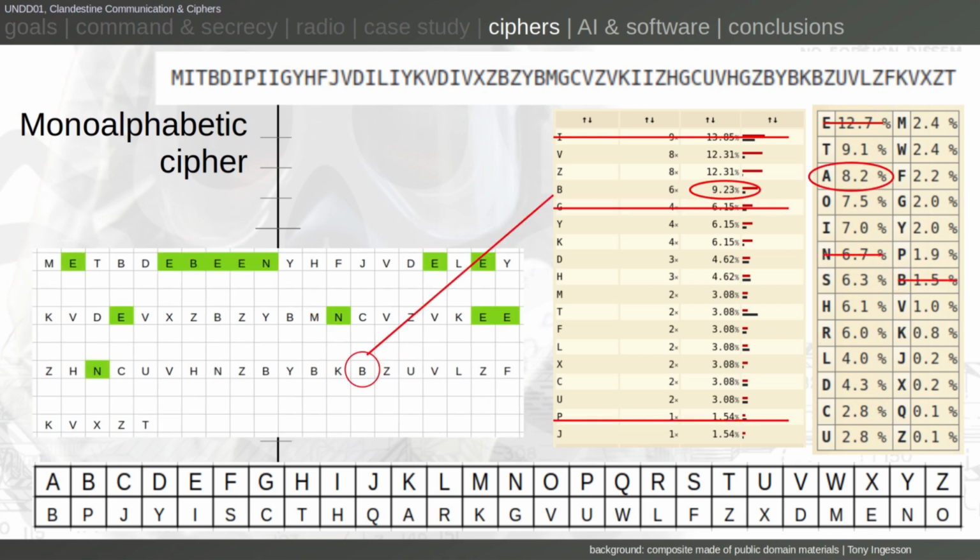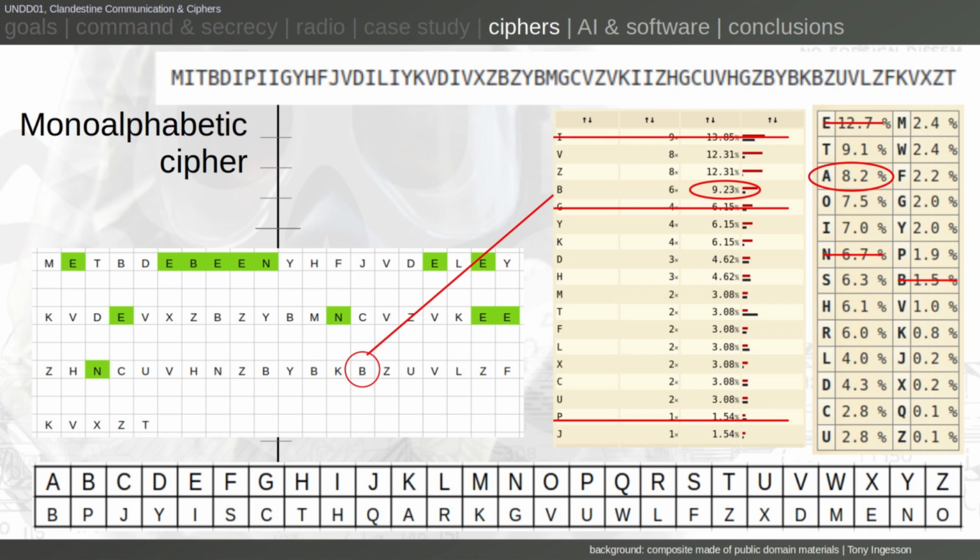So based on this, I will guess that I can put B and N into the text as well and cross them off the list. Because remember, each letter in the crypto text corresponds to one specific letter in the clear text alphabet. So once I've eliminated one letter, I can move on to the next letter. Now let's look at the letter B in the crypto text. It has a frequency of 9.23%.